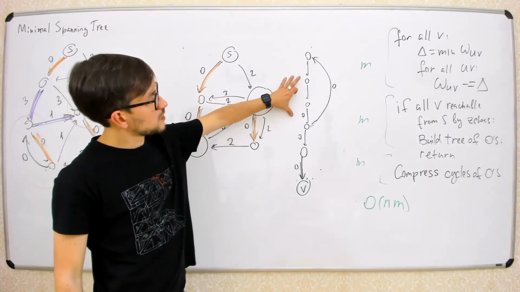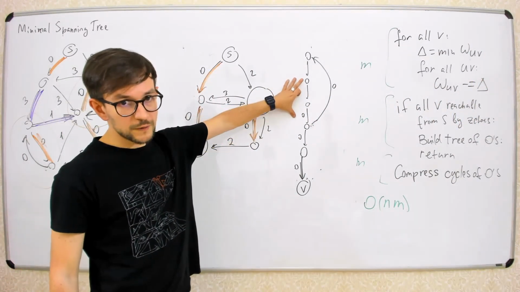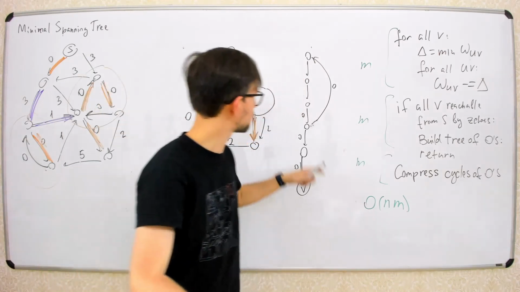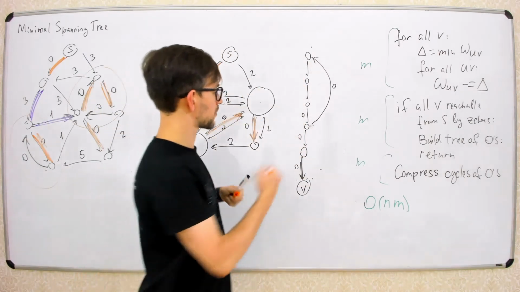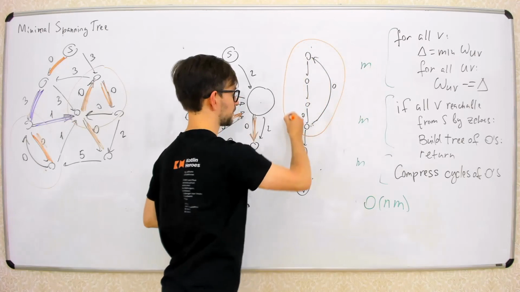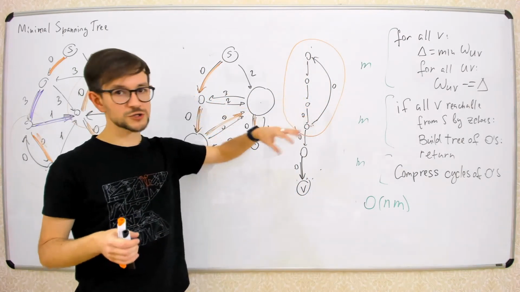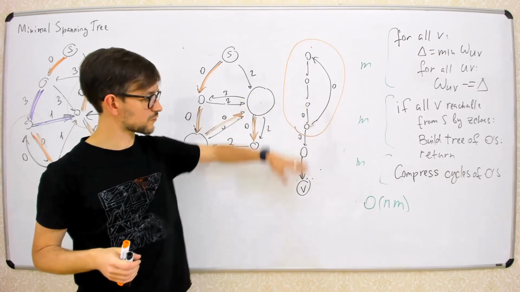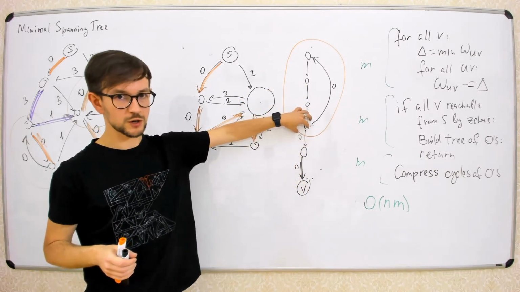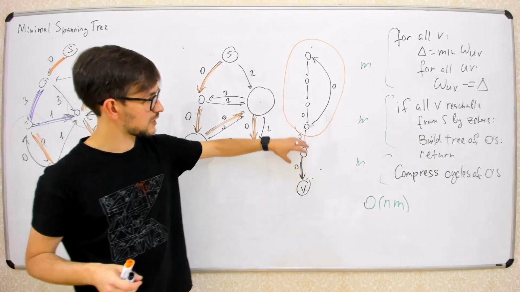If you have a loop here, then you need to find all the nodes on the cycle and compress them into a single node. But after you compress them into the single node, you don't start from scratch. You should not start from this node V, but from here, because you already have a good state.